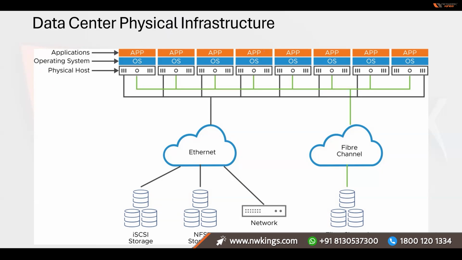This company has multiple applications, maybe one application for finance, one for IT or something else. Before virtualization, we could deploy only one application on one physical server, and these physical servers are very costly, around 5 lakh, 10 lakh.